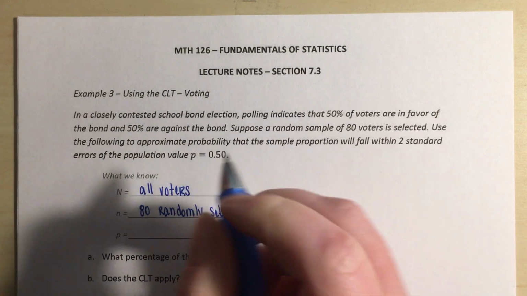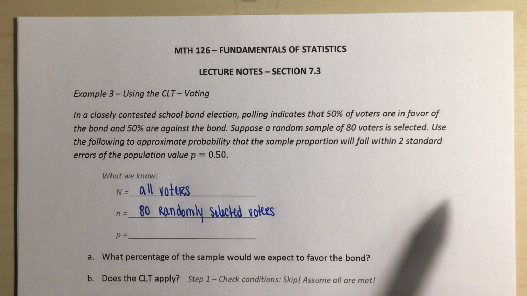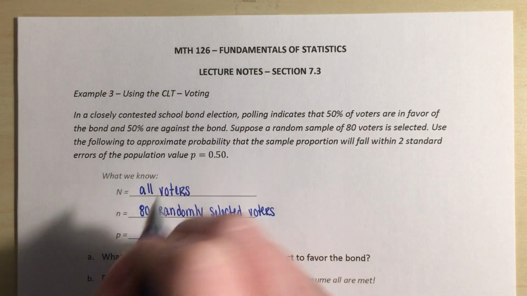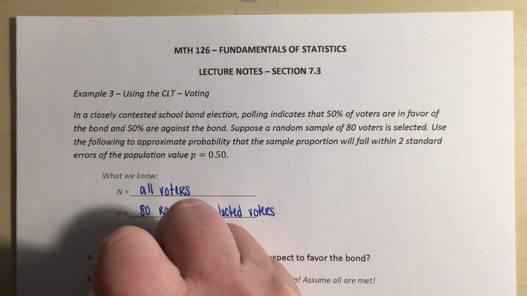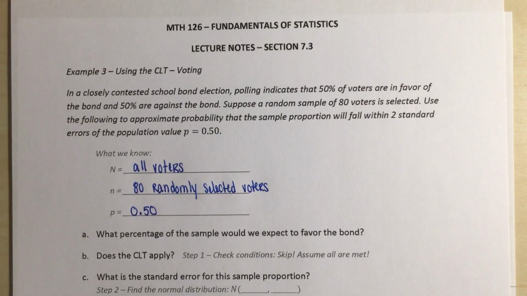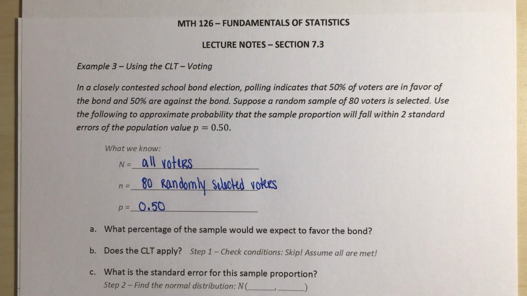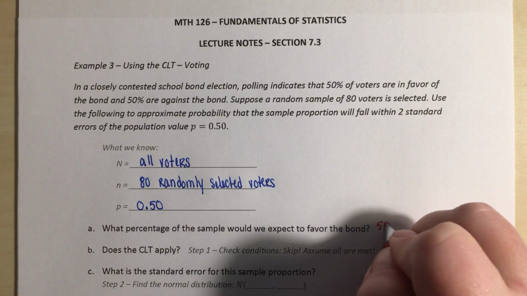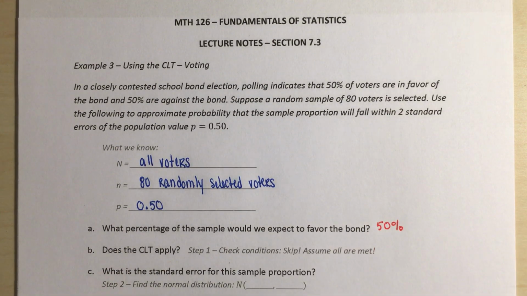And our sample proportion, we are told to fall within 2 standard errors of the population proportion, p equals 0.50. All right, so our first question here. What percentage of the sample would we expect to favor the bond? Well, since our p is 50%, 0.50, we should expect 50% to favor the bond.